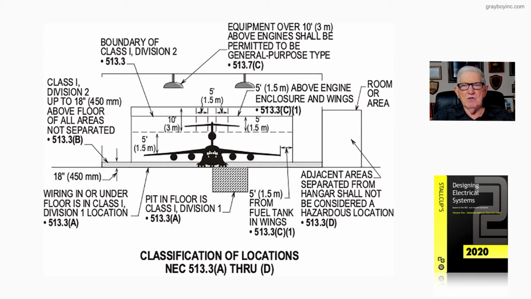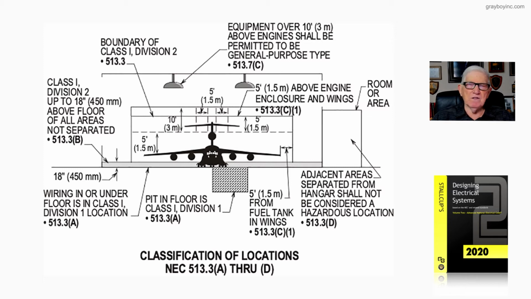Then you drop down to the wing itself, because usually fuel is in those wings. And then notice it's a 5-foot boundary that we look at. That's a Class 1 Division 2. And if you look to the left of the illustration, the title head is Class 1 Division 2 up to 18 inches above the floor in all areas not separated.